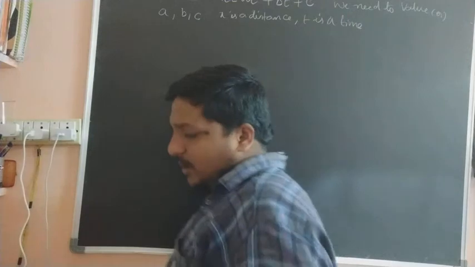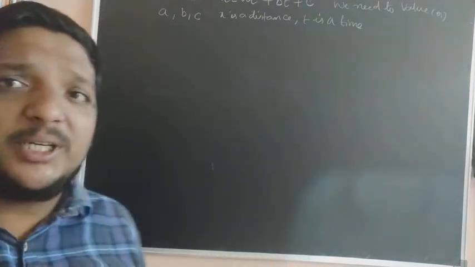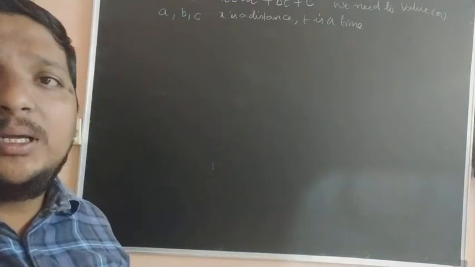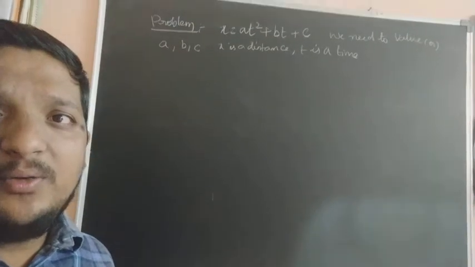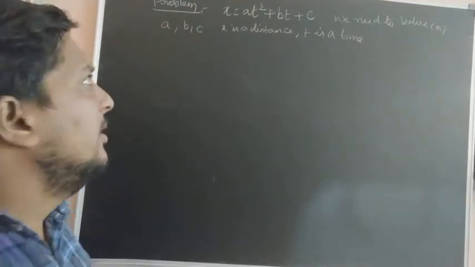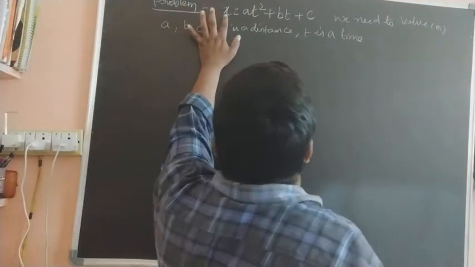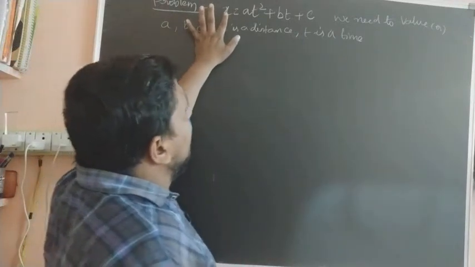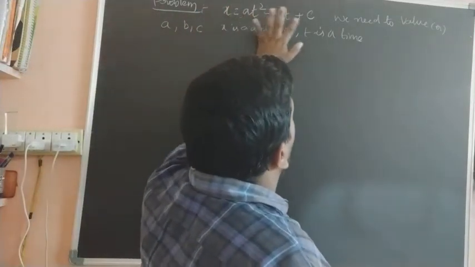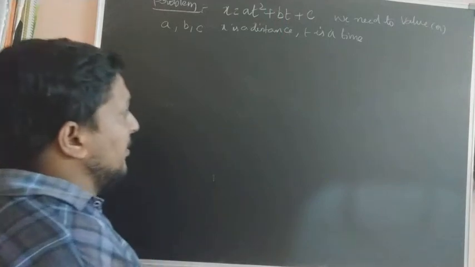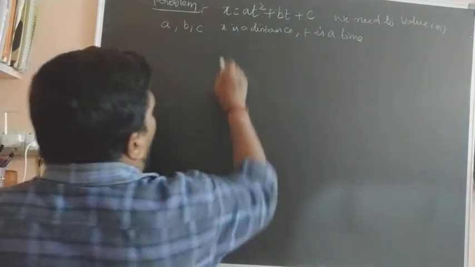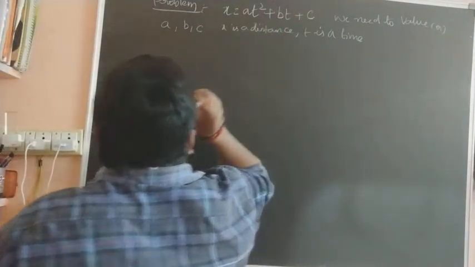According to the principle of homogeneity, the term on this side is equal to each and every term. Based upon this, we will find the values of A, B and C.